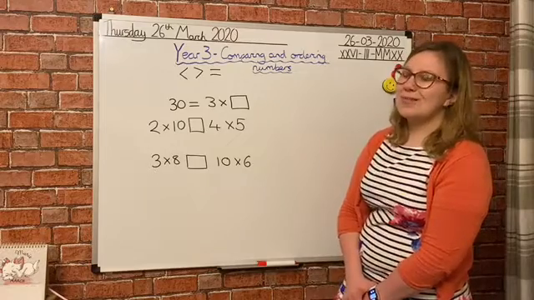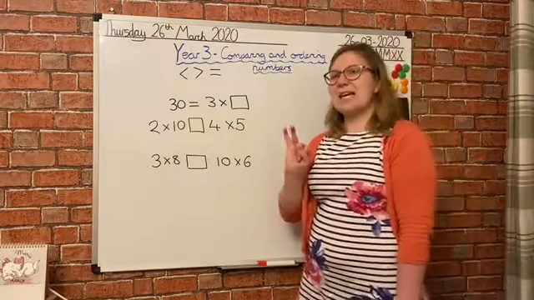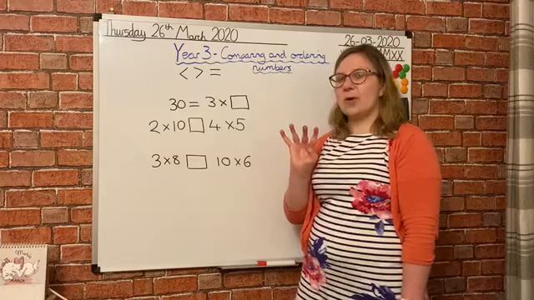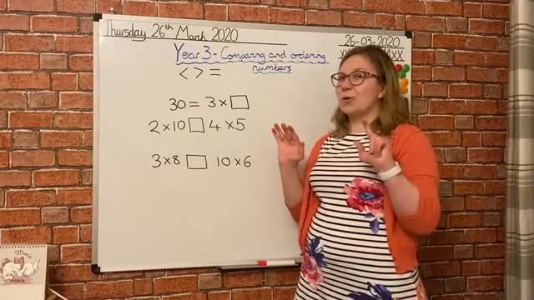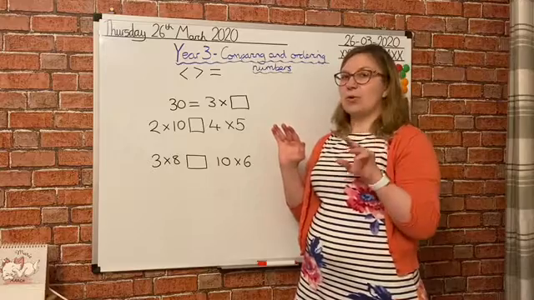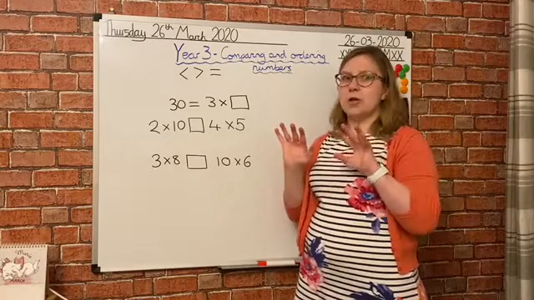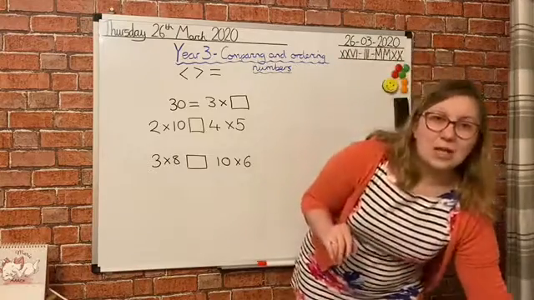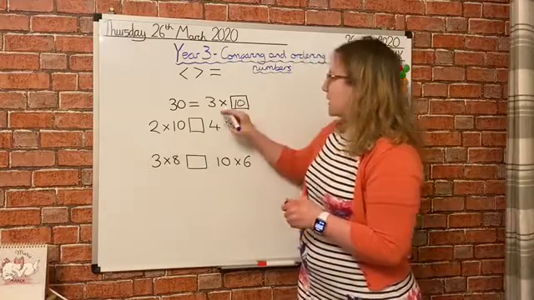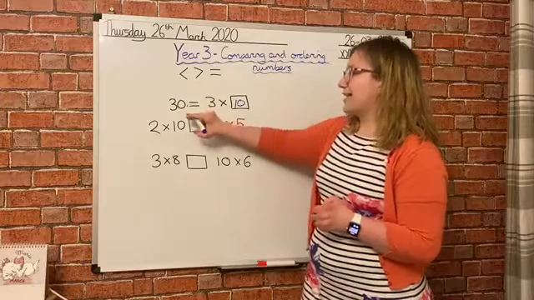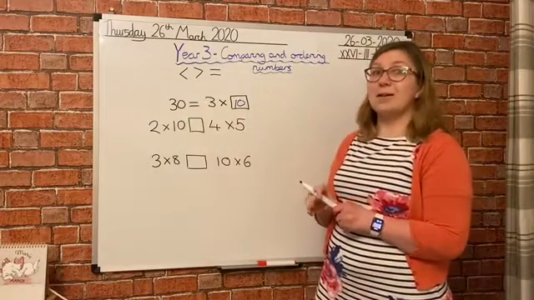We should all know our times tables. 3, 6, 9, 12, 15, 18, 21, 24, 27, 30. So that is 10 lots of 3. 10 lots of 3 or 3 lots of 10 is the same as 30.